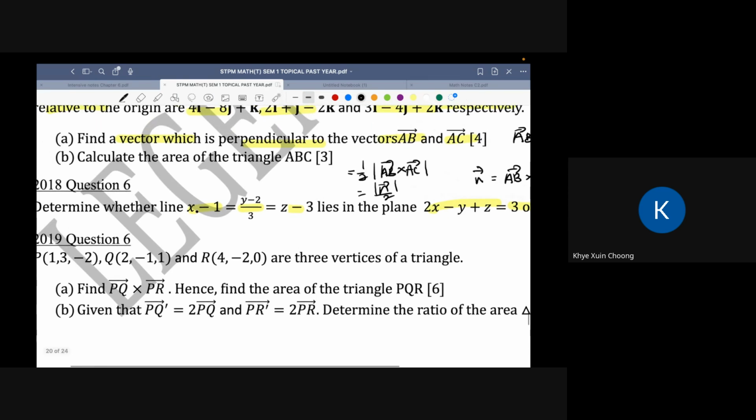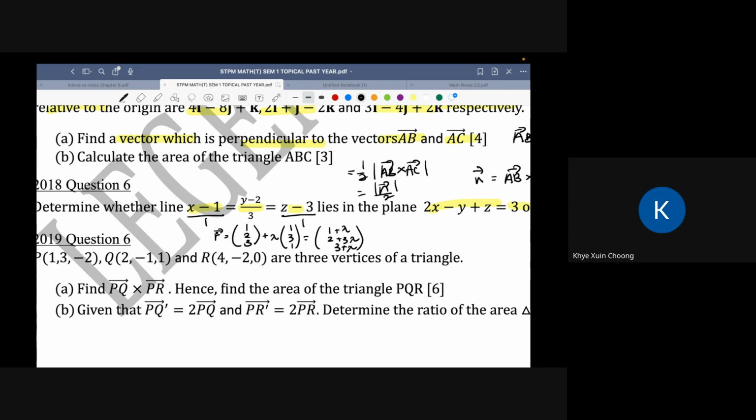From here, you need to divide by 1 by yourself. So the equation of the line should be r equals 1, 2, 3 plus lambda 1, 3, 1. If you add it up, you get 1 plus lambda, 2 plus 3 lambda, 3 plus lambda.